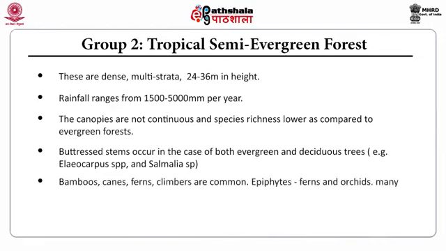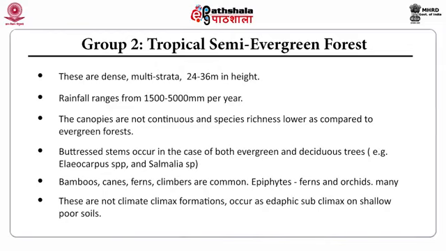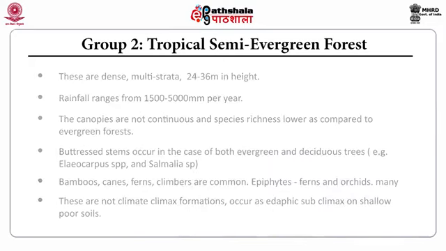There is the presence of bamboos, canes, ferns and climbers in this forest. Epiphytes are represented by ferns and orchids. These are not climax formations; they occur as edaphic subclimax on shallow, poor soils.